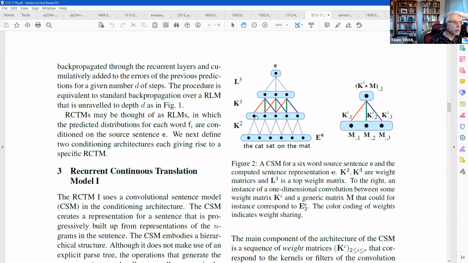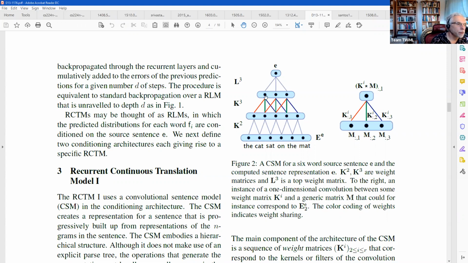And so there's a couple of layers here, I guess. This is a filter of length 2, so it maps each two words to a number, and then there's another layer where you have a filter of length 3.